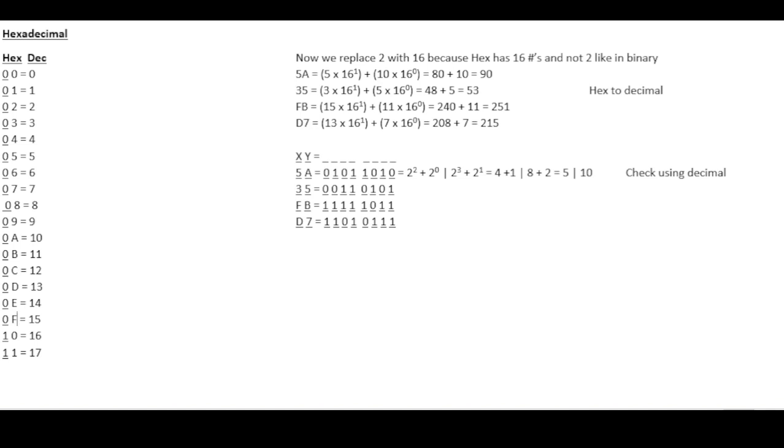So we look at 5A. 5 is 0101. A is 10, which is 1010. So we said that this has a value of 1, this has a value of 4. 4 plus 1 is 5. That's how we represent 5. This bit represents 8. Then we have 4, but we don't take that into account because it has a 0. We have the 1, which stores an element of 2, and then we have 1, but we don't take that into account either because it has a 0.